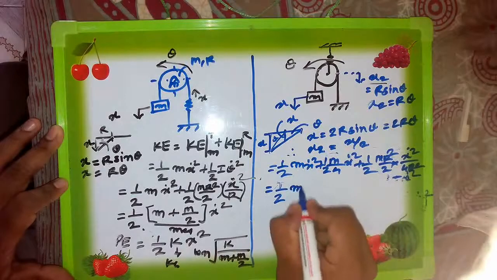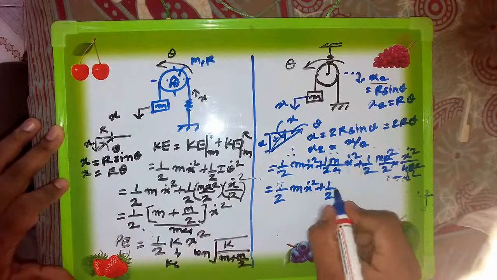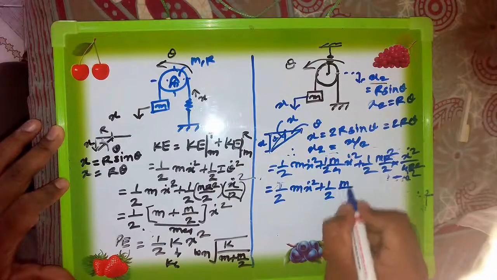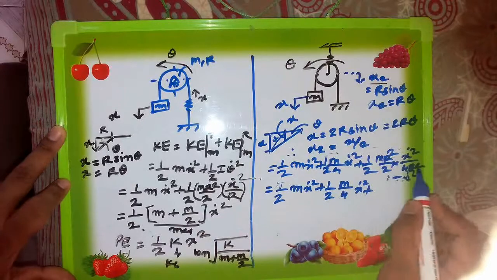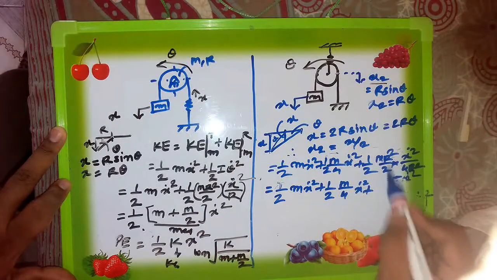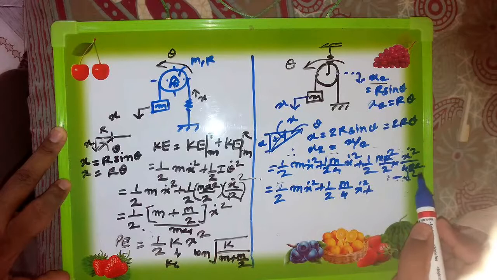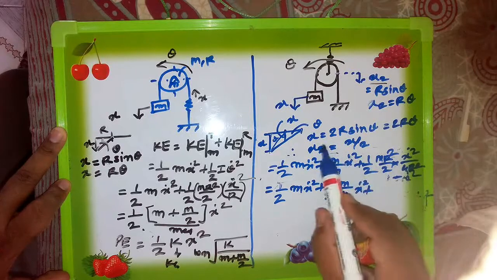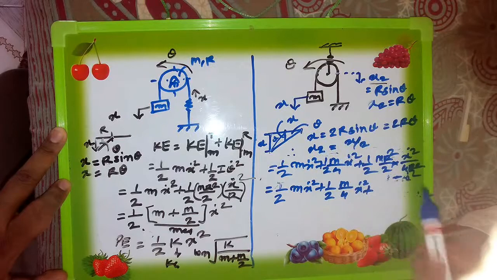1/2 into mass m into x dot squared plus 1/2 into M by 4 into x dot squared plus, now this 4r squared, so it will be M r squared by 2, and here x is equal to 2r theta.